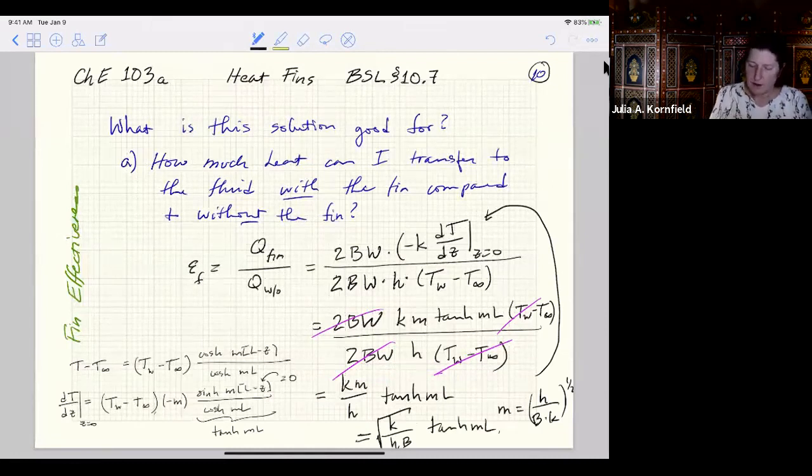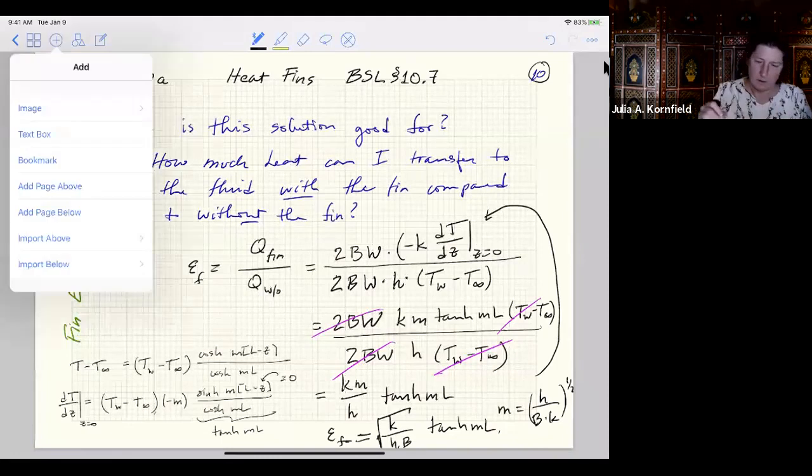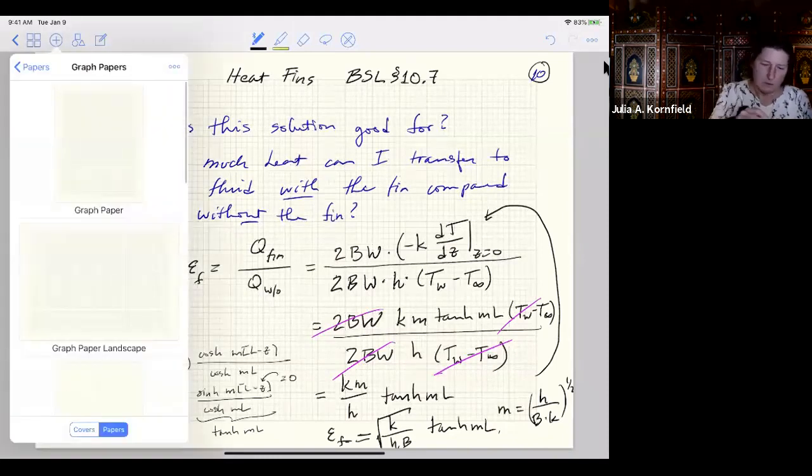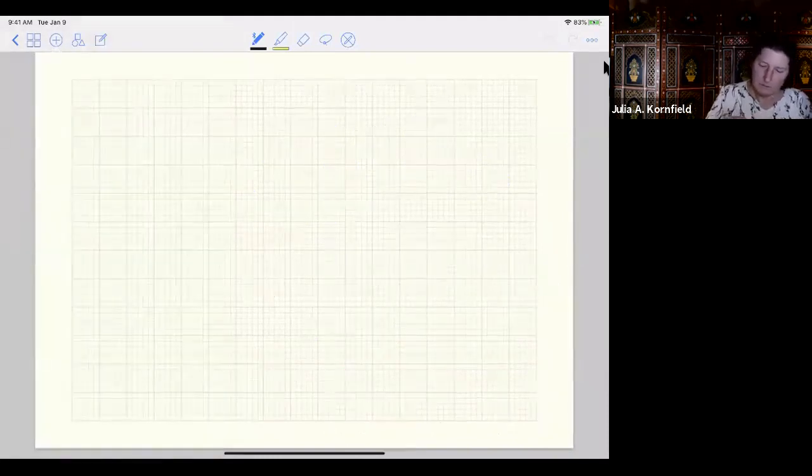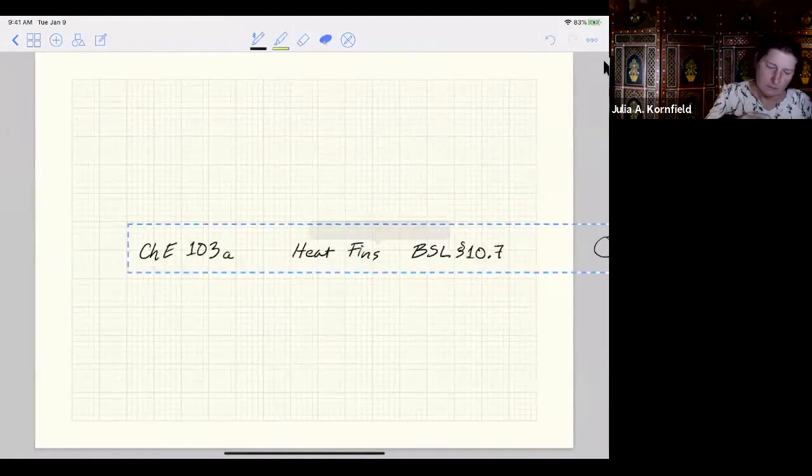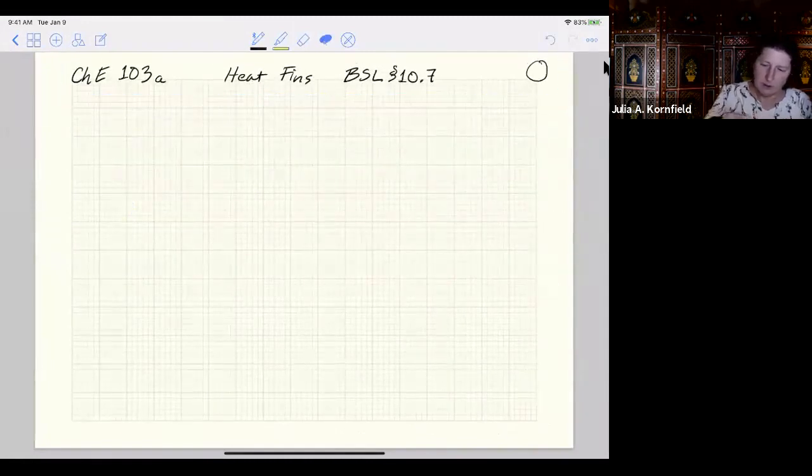Okay, so what is that going to look like? So this is my effectiveness factor. So tanh, this is probably worth the diagram too. So tanh, what's tanh look like?